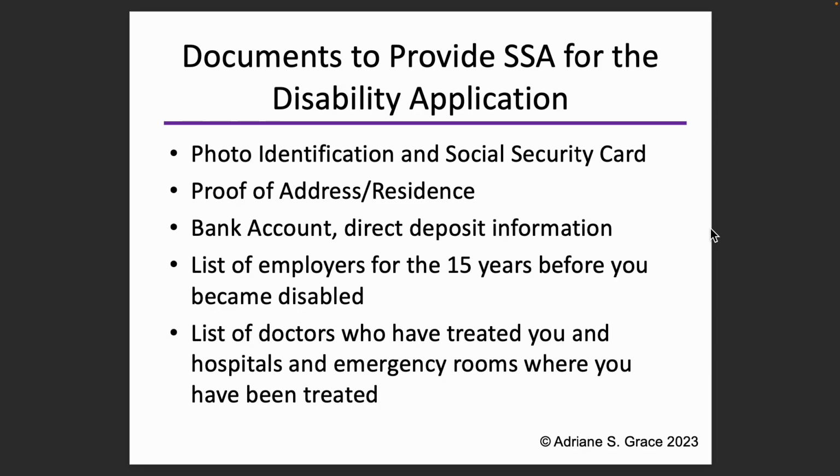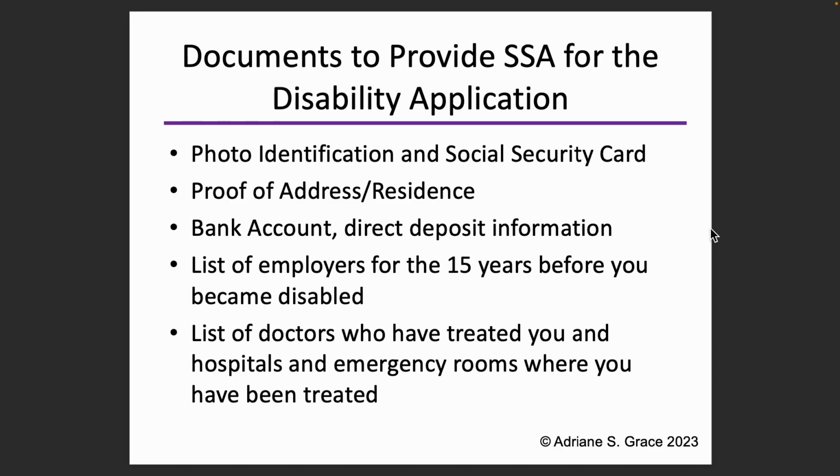Don't worry, you probably won't have to provide that up front, because you don't want your kid to have possession of a bank account with a bunch of Social Security funds. So they will probably appoint you as something called a representative payee. That's where they appoint a legal guardian or other responsible individual, if there's no guardianship, to handle the Social Security funds. So you can defer that till later.